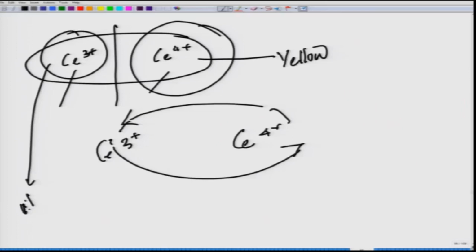Okay. Now, say for example, if Ce4 accepts an electron and gets reduced, then it will become Ce3, and similarly if Ce3 loses an electron, it will become Ce4, right.